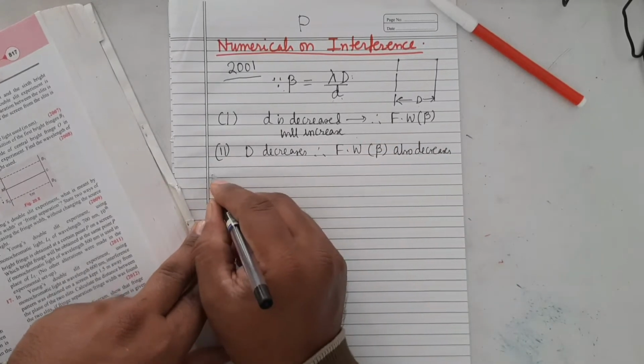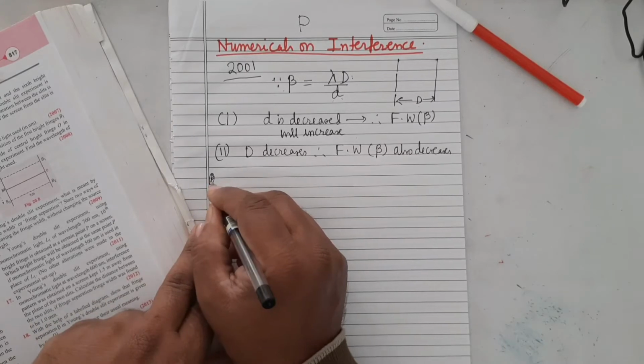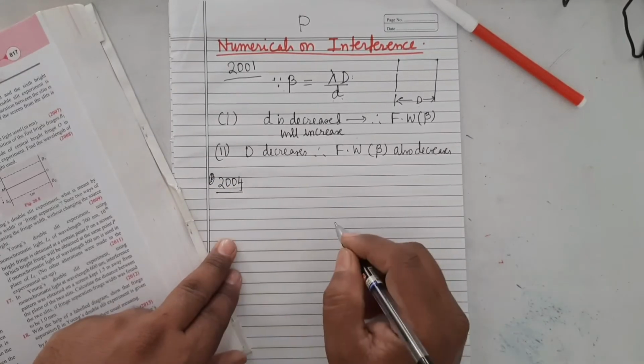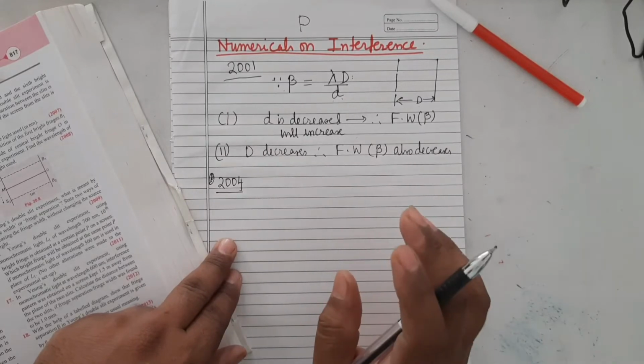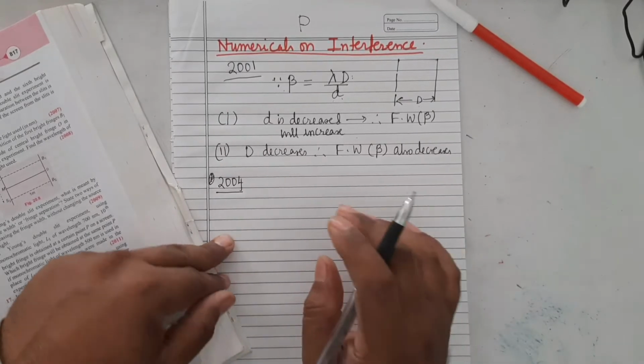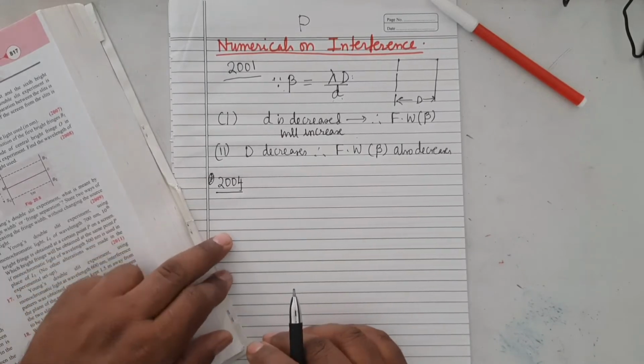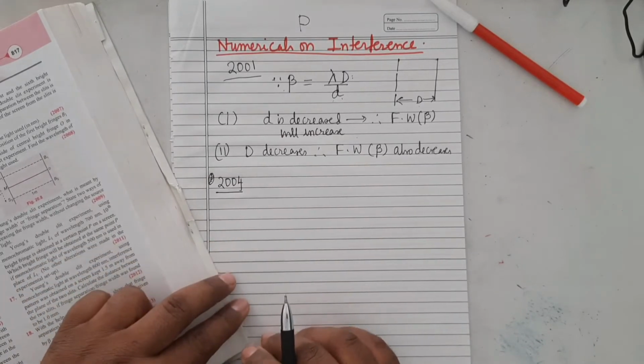Now you see this question number, 2004. It has been asked in 2004. What are the conditions necessary for sustained interference? This I have already explained. Essential conditions I have already explained. It's clear?